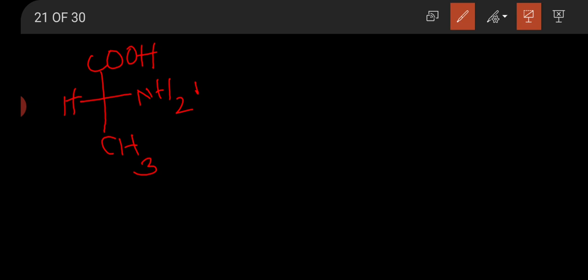NH2 is first priority, COOH is second priority, and CH3 is third priority, hydrogen is fourth priority.